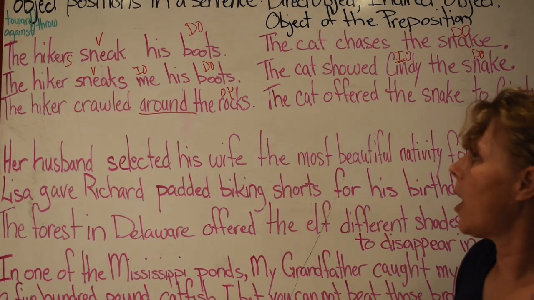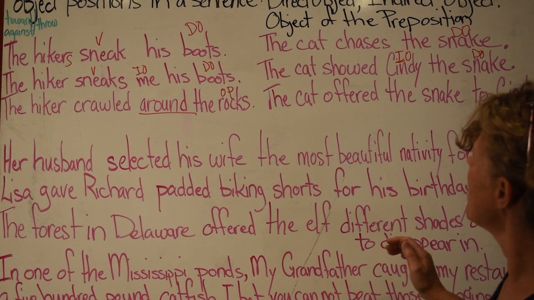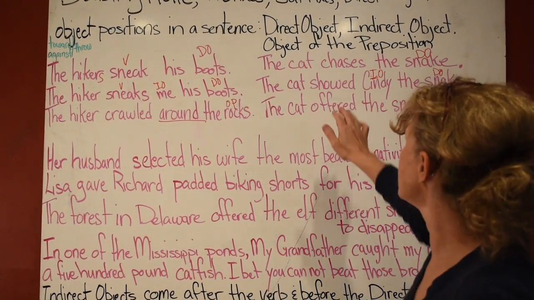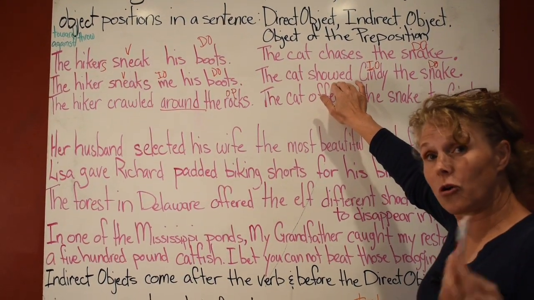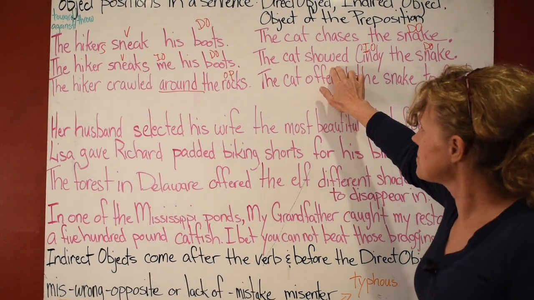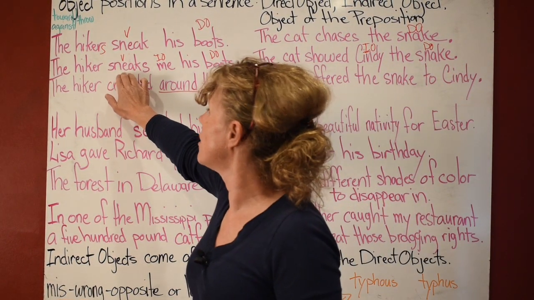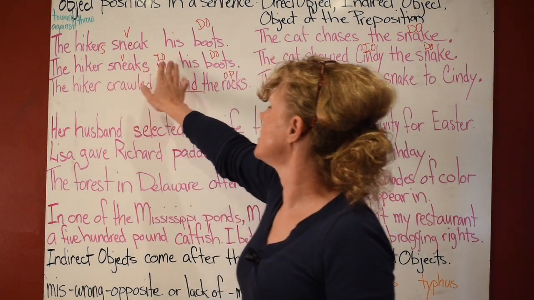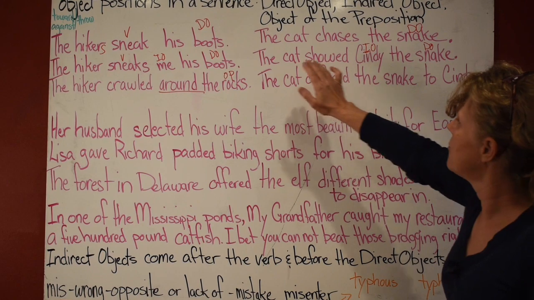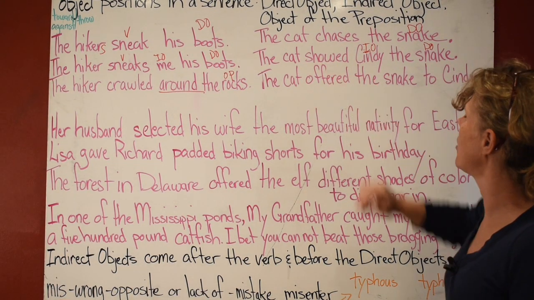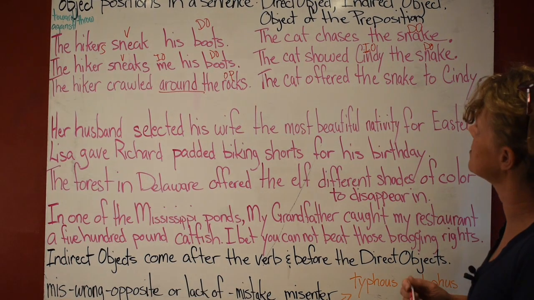Now also, I've noticed, but not always obviously, that it's easier to find or write with an indirect object if you have past tense. And that's obviously not 100% true, because right here, we have the hiker sneaks me. But here we have the cat showed, but I feel it's easier to write with past tense if you're trying to get an indirect object.